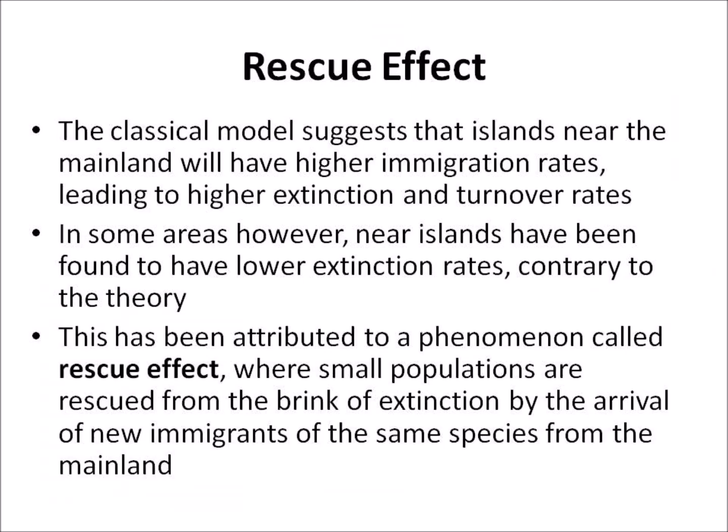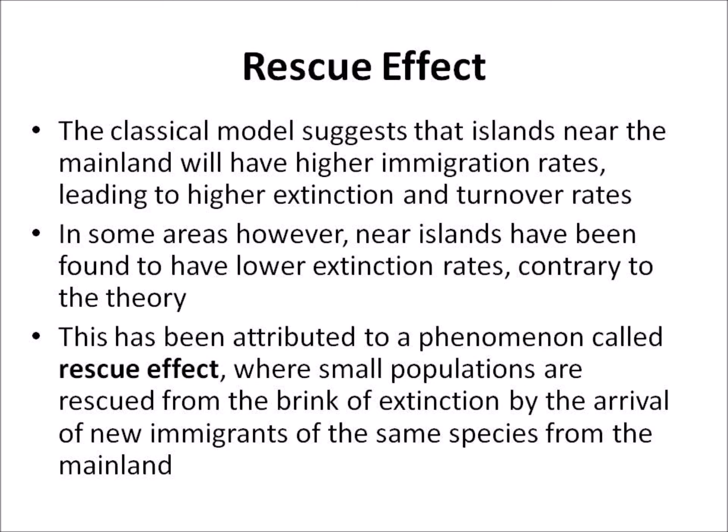Another important revision that has occurred to the equilibrium theory of island biogeography since it was first introduced is the rescue effect. So in the original theory, remember that extinction rates are solely related to island size. The smaller the island, the greater the rate of extinction. But with this revision, the idea of a rescue effect is also recognizing the role that island isolation plays in extinction rates. So islands closer to the mainland have higher immigration rates.